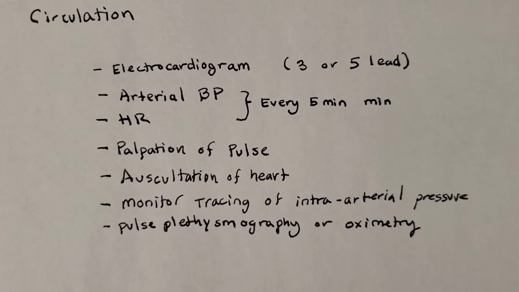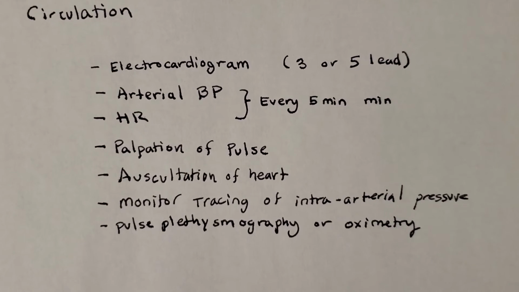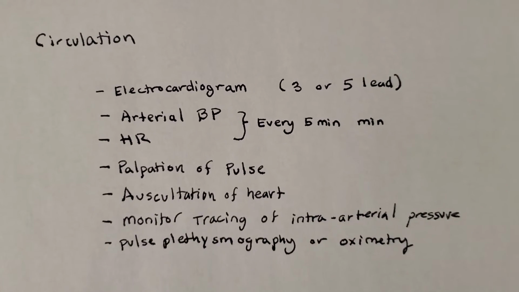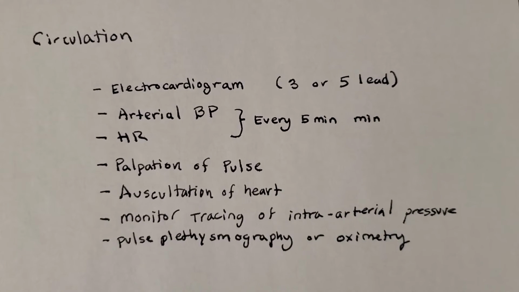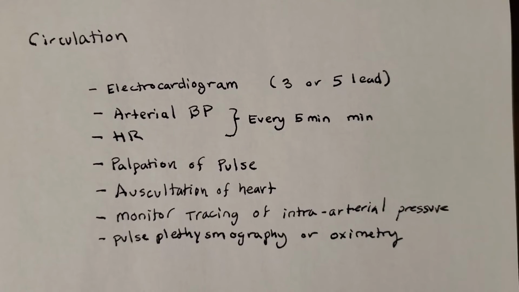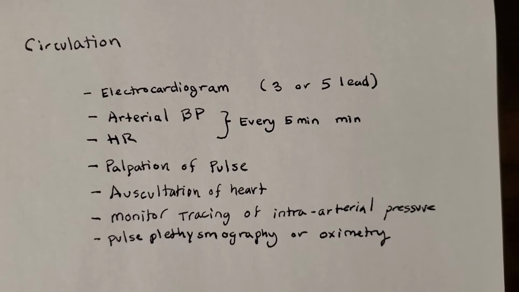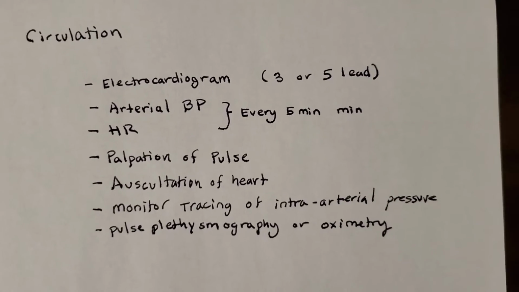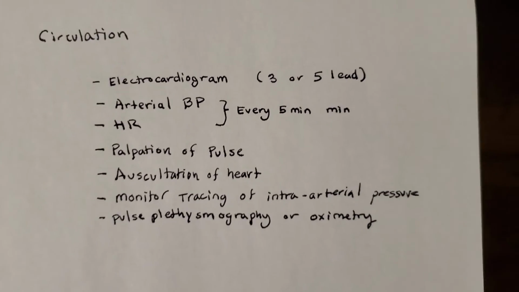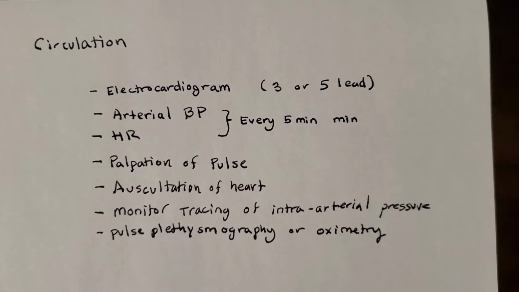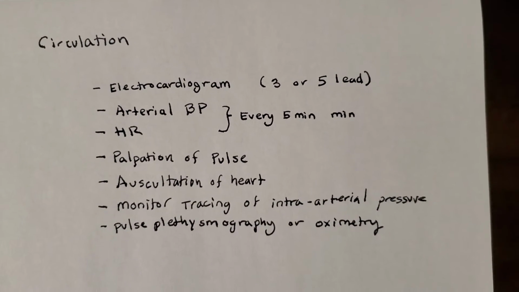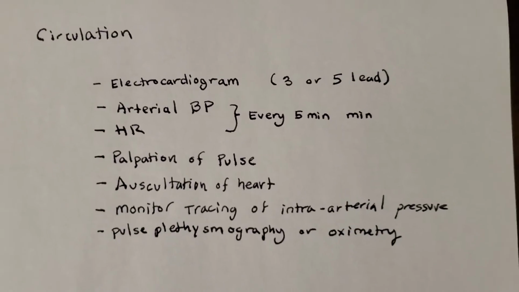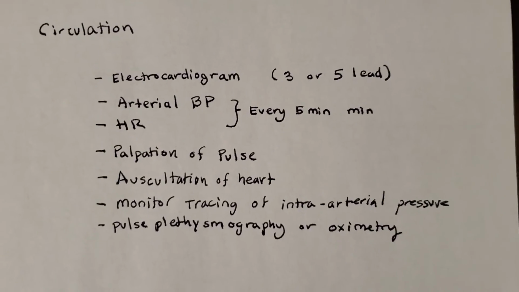So if your EKG shows that it looks like the patient's in VFib, but you look at the pulse oximetry and you have a normal waveform, then it's just artifact. But if you see a crazy electrocardiogram and the pulse oximeter tracing is not showing a good waveform, then you're probably running into a situation where there's an arrhythmia or something like that. So that might be dangerous. So that's why you want to have those two things.